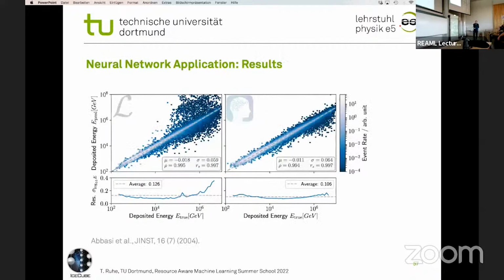Okay. So what are the results? The results are, of course, good. It's always the comparison here with the likelihood estimation, right? Where you can see this is in terms of deposited energy.